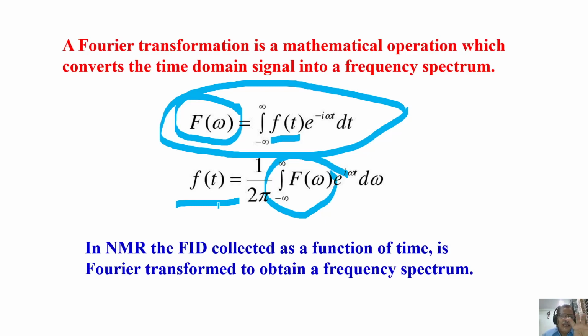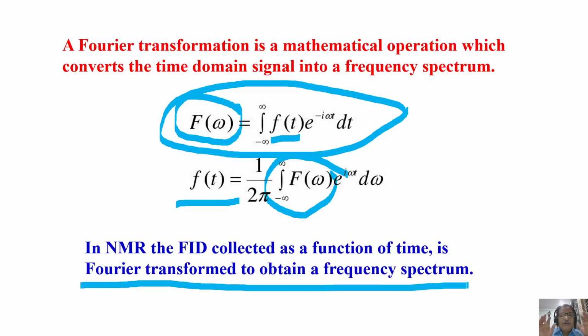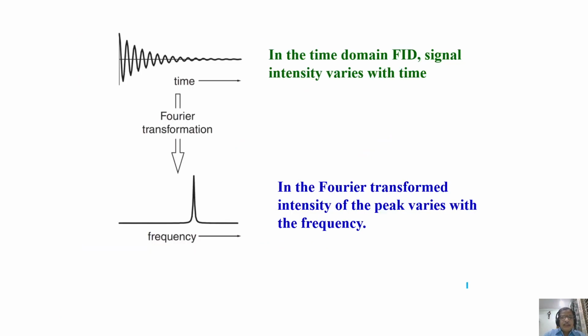While it precesses, it induces an EMF in the receiver coil which we collect, and it is a damped oscillation. The signals start decaying, which we call the free induction decay. And we collect this as a function of time, which we saw even in the last class and several other classes. And we do the Fourier transformation. Now we are going to get a frequency domain spectrum. This is what NMR is all about.